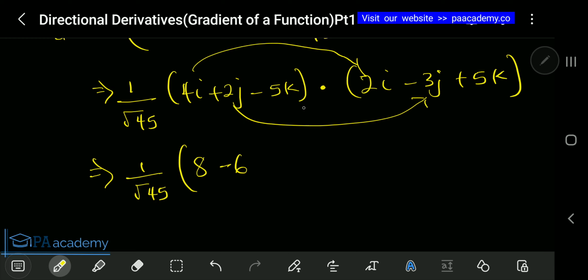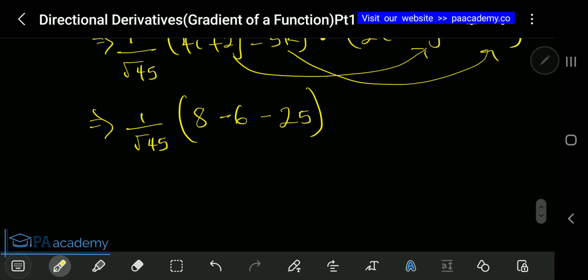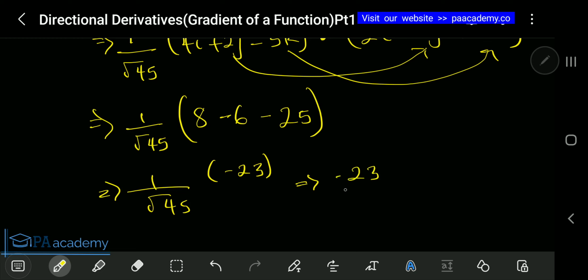And then minus 5k multiplied by plus 5k gives us minus 25. If we simplify this, we have 1 over root 45 times 8 minus 6 minus 25, which gives us minus 23. So we can write it as minus 23 over root 45.